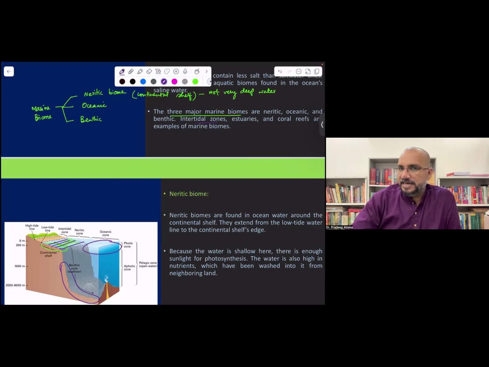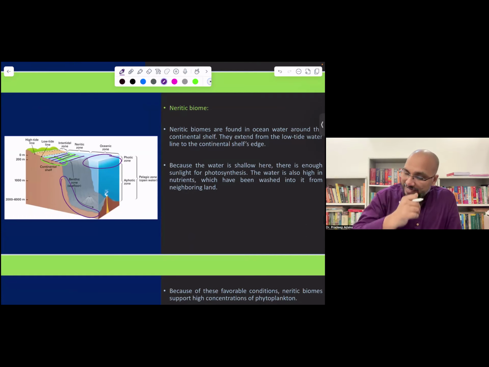That region has a totally different salt concentration, not that high, because the fresh water is meeting the saline water. Marsh conditions occur, but salt concentration is relatively less. That is a totally different kind of environment. Then coral reefs. So these are other smaller biomes within the aquatic or marine biome. Within the marine biome also we have sub biomes depending upon the conditions.